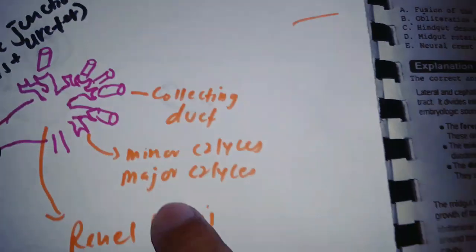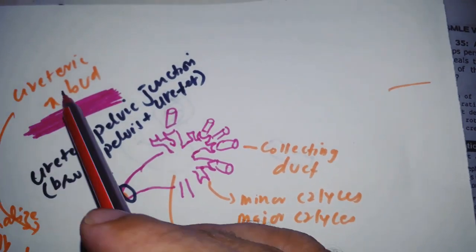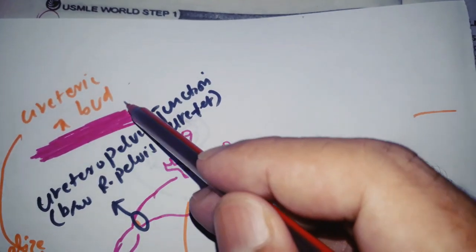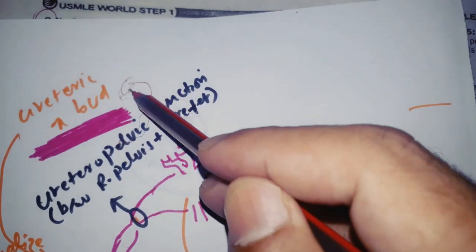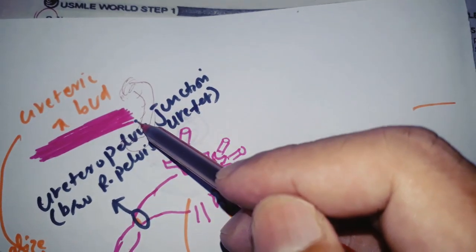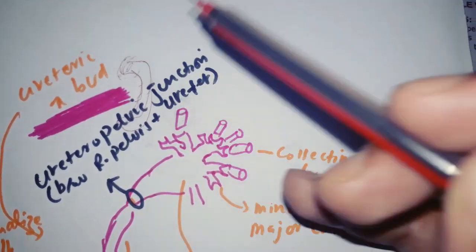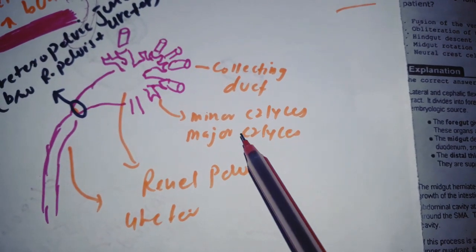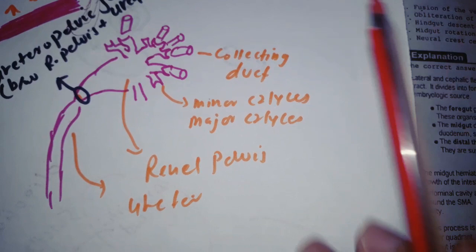As I said, this is the ureteric bud, and around this ureteric bud we have a mesoderm called the metanephric vesicle or metanephric mesoderm. The ureteric bud gives us the collecting ducts, minor and major calyces, renal pelvis, and ureter.